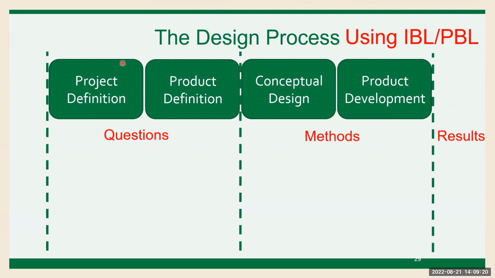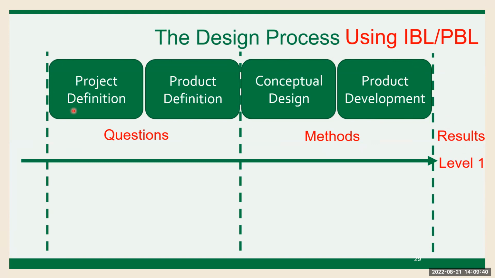You're asking questions more or less with the project or product definition. And then you're introducing methods in the conceptual design and the product development, which then leads to the results. The results are over here. We're going to end up with some kind of results. But what we're teaching in senior design is just these 4 things over here. And level 1, we're giving them everything from beginning to end.